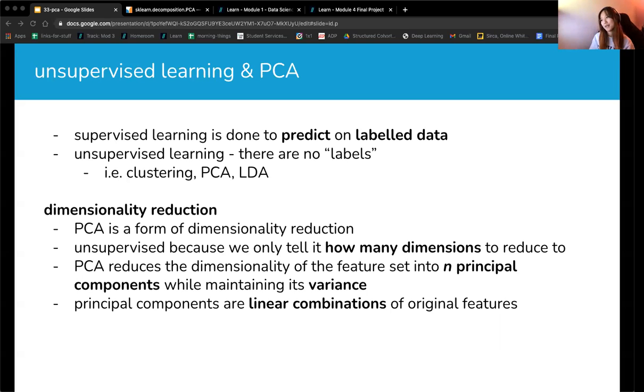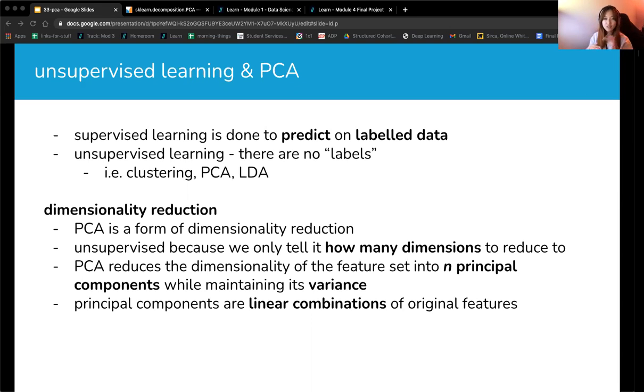And each principal component, so each of the new features, is actually a linear combination of all the original features. So let's say you went from 100 features down to two. Principal component 1 could be made up of, say, 0.5 times original feature 1, 0.2 times original feature 2, and so on.